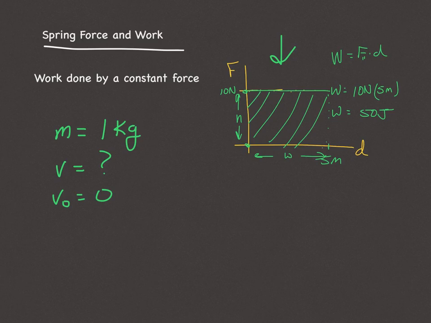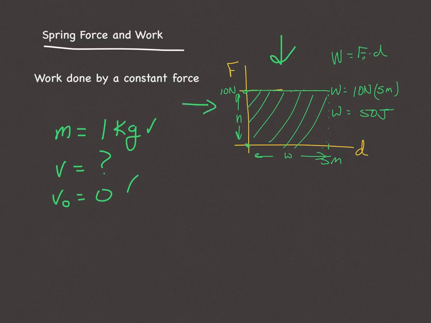To reword the question: an object that is 1 kilogram has a force exerted on it according to the graph. What would be the final velocity of that object if it started from rest? All of the information is given: the mass, that it started from rest, and the data on that graph.